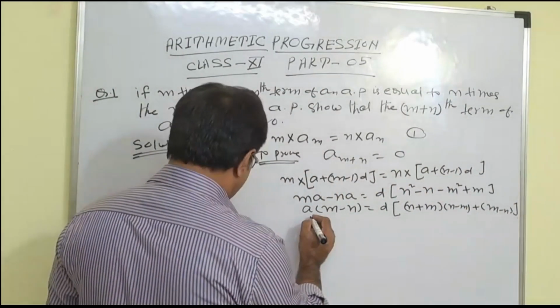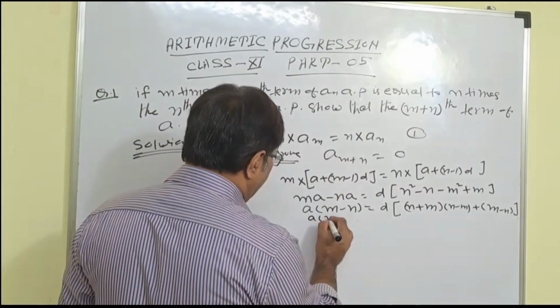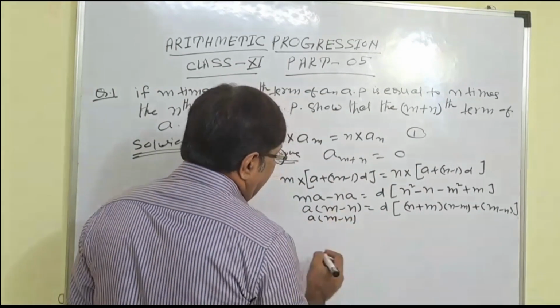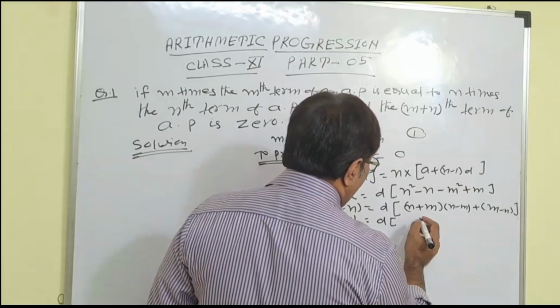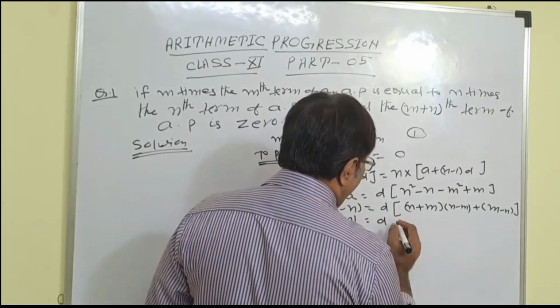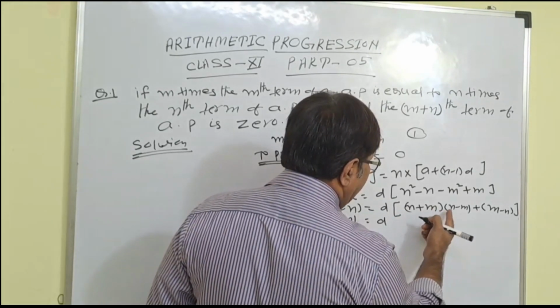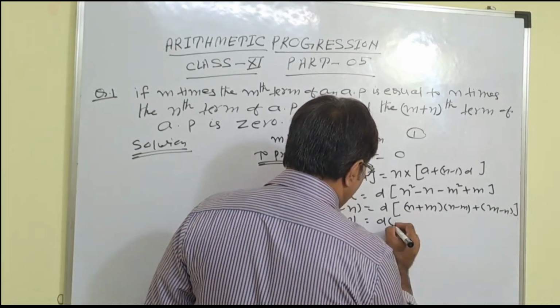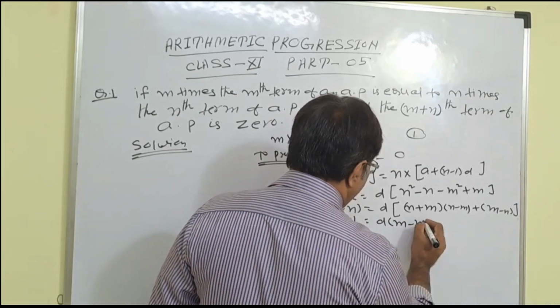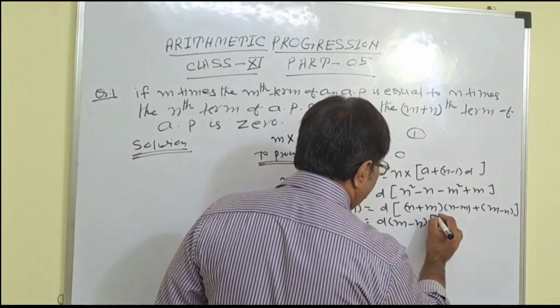So we can write here a into m minus n, and this is equal to d into, when we are taking common, m minus n, right?